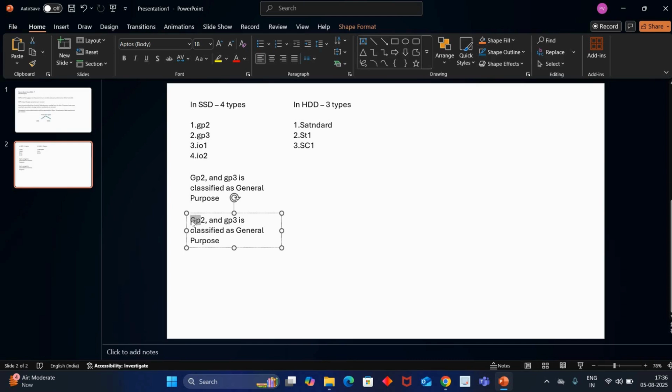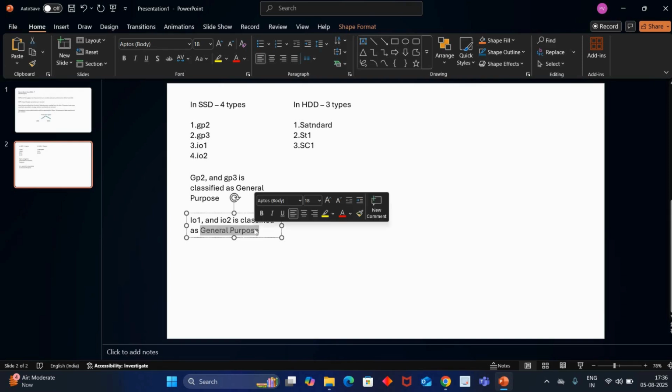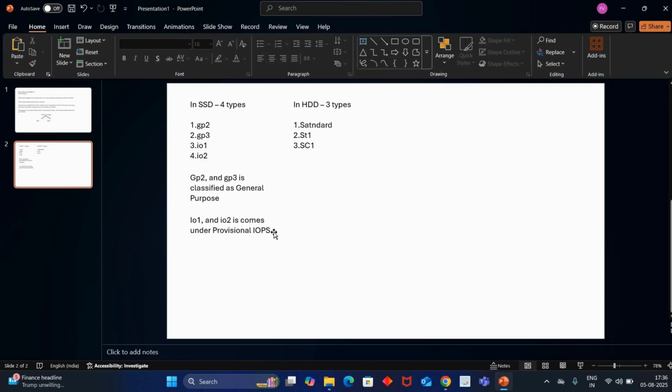IO1 and IO2 come under provisioned IOPS.